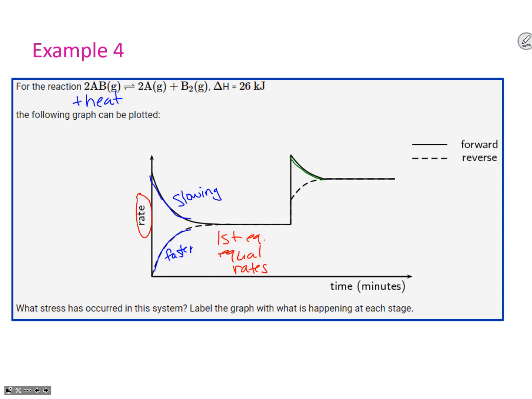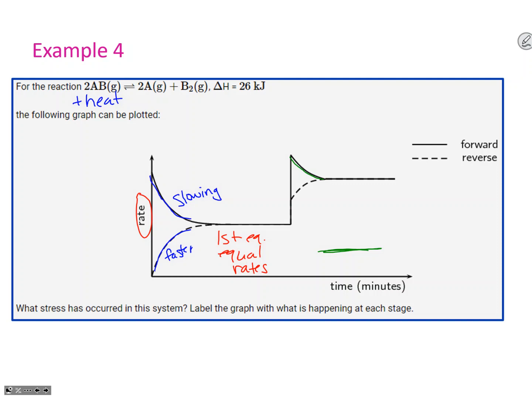And what does that tell us about what's happening to this? What is actually capable of changing the rate? Temperature. So, what's going on here? Temperature has been increased. Now, if the temperature had been decreased, basically your new equilibrium rate would be somewhere down here, right?